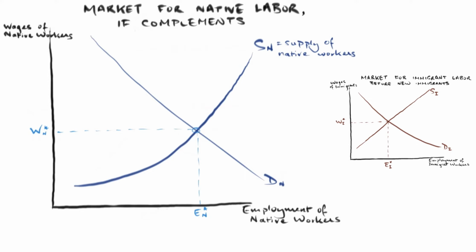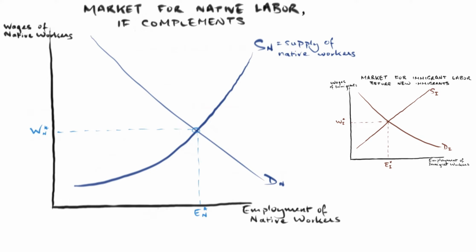But those immigrant nurses might be a complement to the work that native doctors do. So as more immigrant nurses arrive, employers, hospitals for example, hire more nurses, and then the nurses make doctors more productive. And because the doctors are more productive, there's more demand for them.